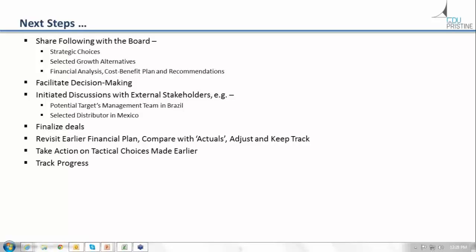Our client actually went out and acquired this other company in Brazil, and they still keep track of the financial model that we built and use it to keep track of where we are compared to the plan that we had. Is scenario 1 turning out to be true, is scenario 2 turning out to be true, and so on and so forth.